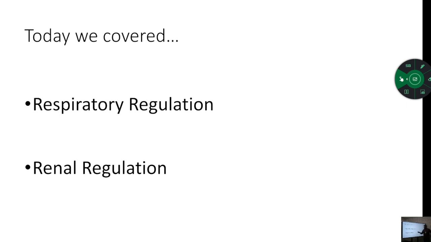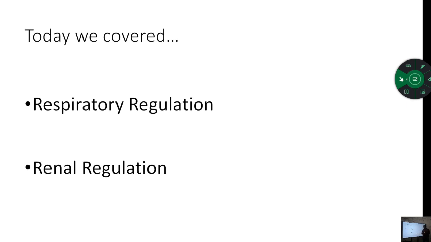So today in this class we covered the other two lines of defense our body employs against acid-base imbalance. Respiratory regulation, which happens after some minutes of blood buffer action. If it is not corrected by this, the body will change the strategy to renal regulation. Under this we learned four strategies.